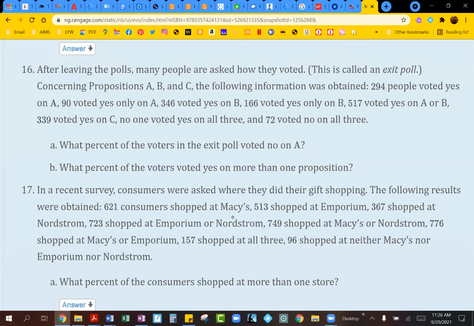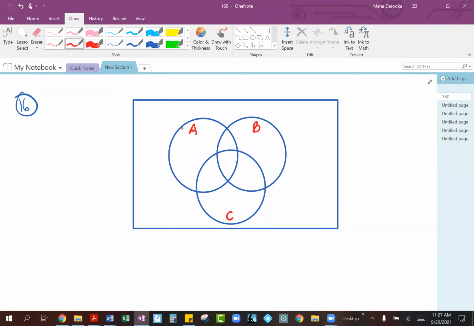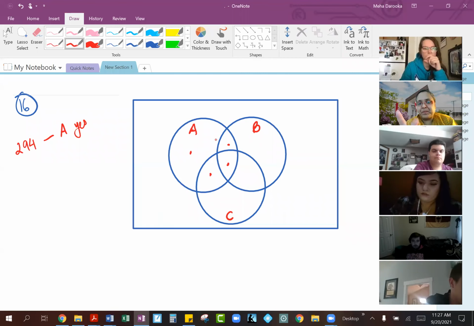They're telling us 294 people voted yes on A. Remember, that means the 294 people is everybody who falls into circle A. So that's going to be this area and these three overlapping regions also. All of that together has to add up to 294. So there's really no place in the overlapping circles where we can put 294 directly. Does that make sense, what the 294 stands for?